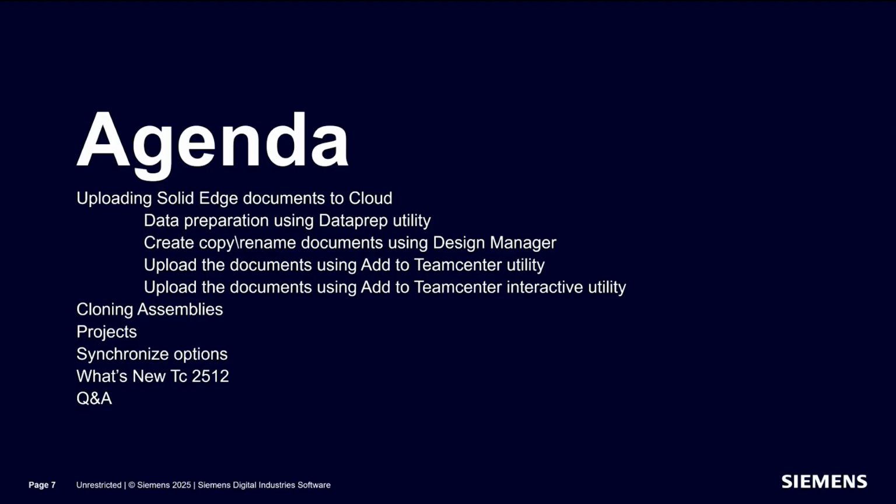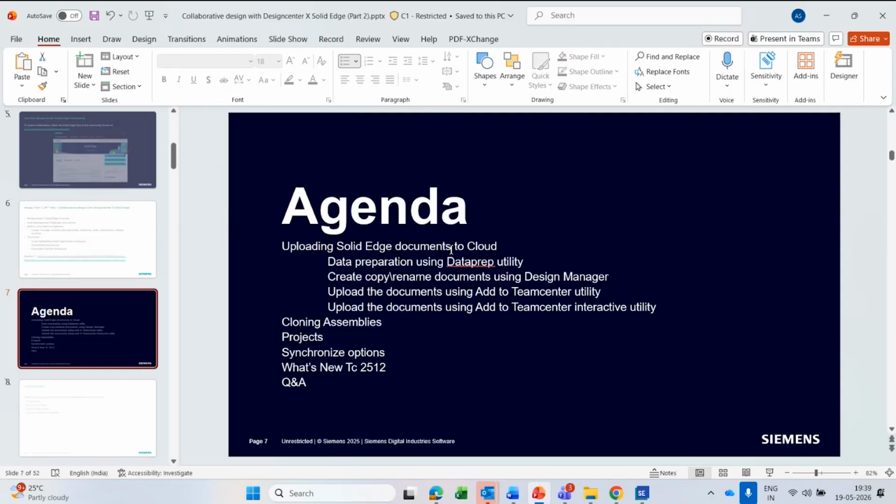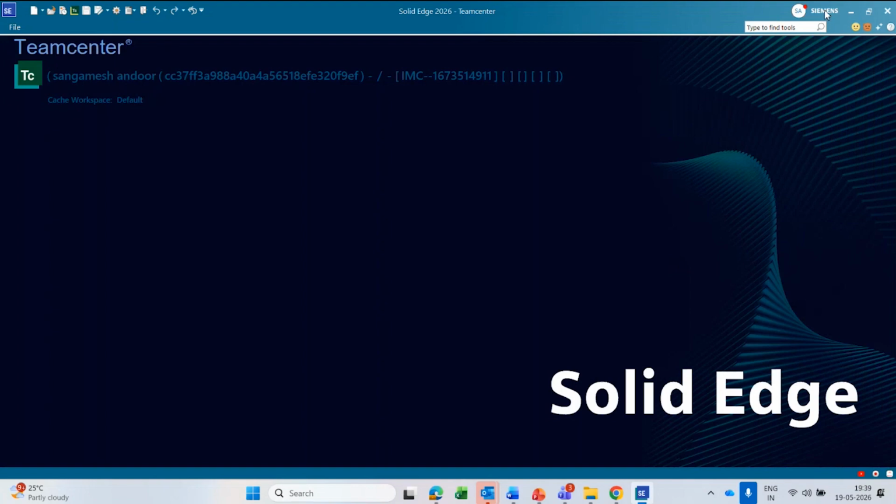So let me start with the data prep tool here, and then continue with the Design Manager and some of the uploading of documents using the Add to Teamcenter and Add to Teamcenter interactive option.